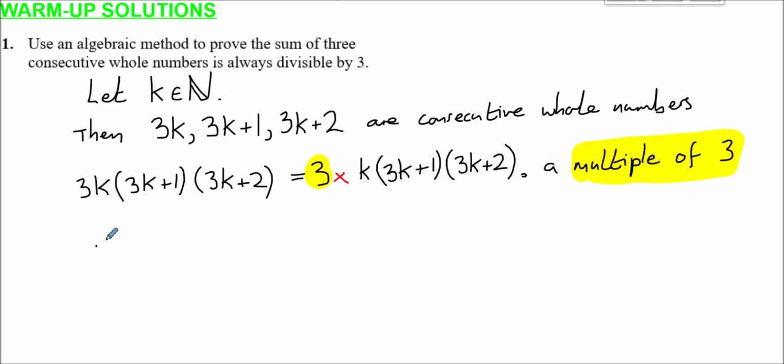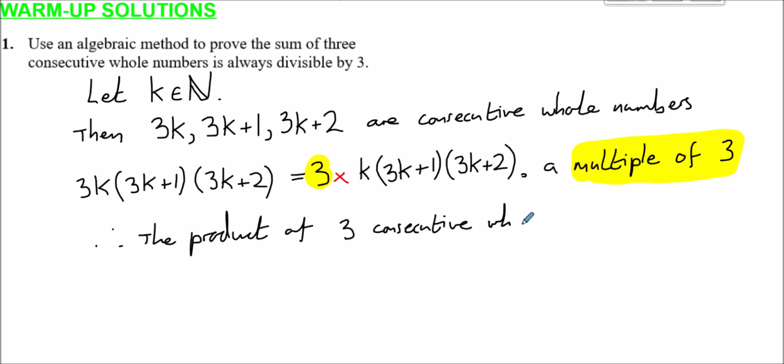So therefore, we just now conclude by making reference to the initial statement. So therefore, we just say that the product of 3 consecutive whole numbers is always divisible by 3.